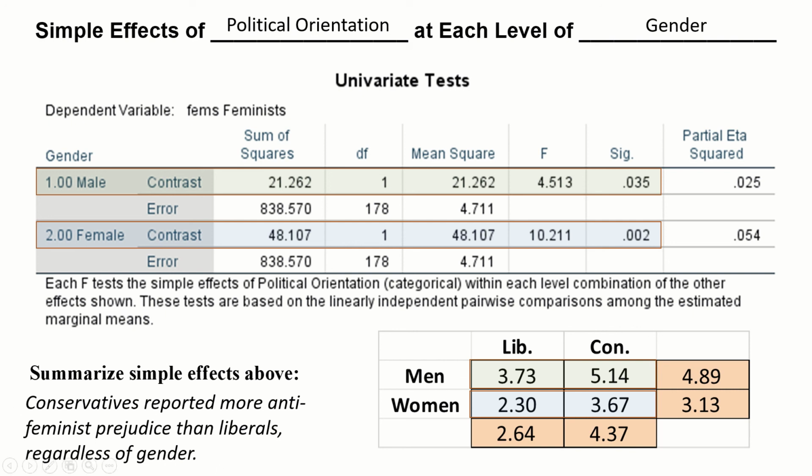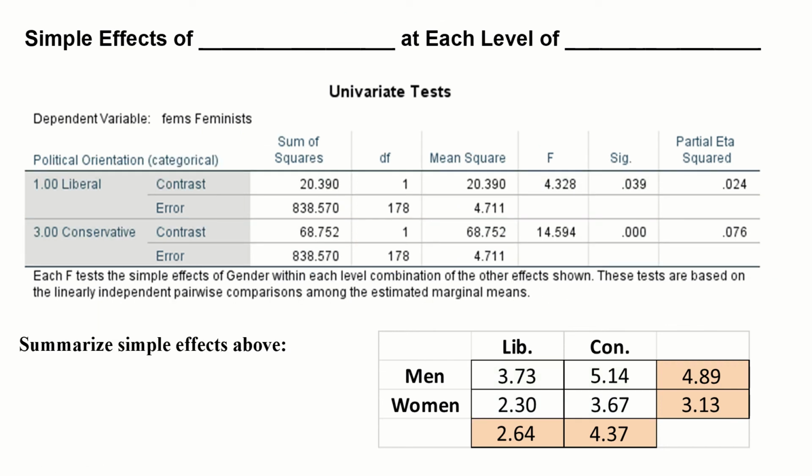No big buts. Remember, when we have a significant interaction, there's always a big but. No big buts here. And we didn't see any big buts with the next set of simple effects either. Here, we're looking at the simple effects of gender at each level of political orientation.